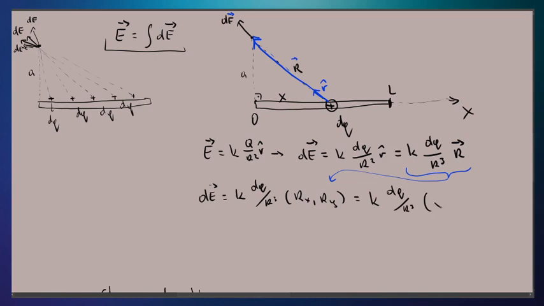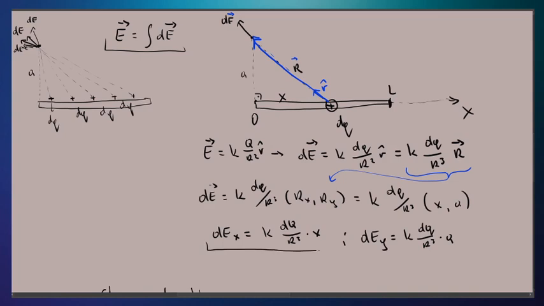Well, rx is just x, and what's ry? ry is just a. So what I can write is dEx is going to become k dq over r cubed times x, and dEy is going to become k dq over r cubed times a.